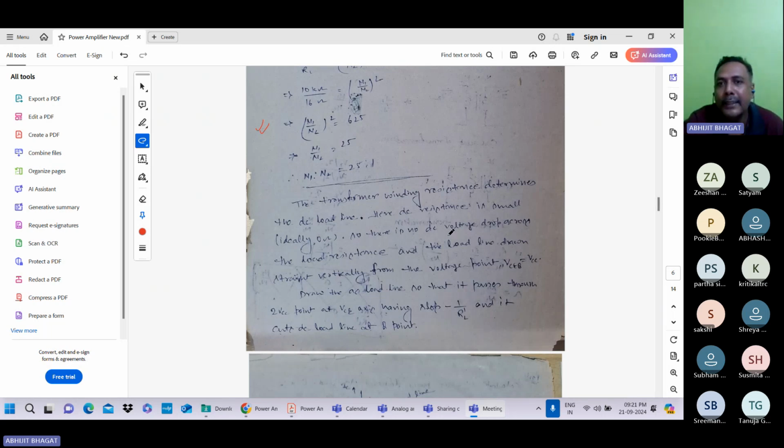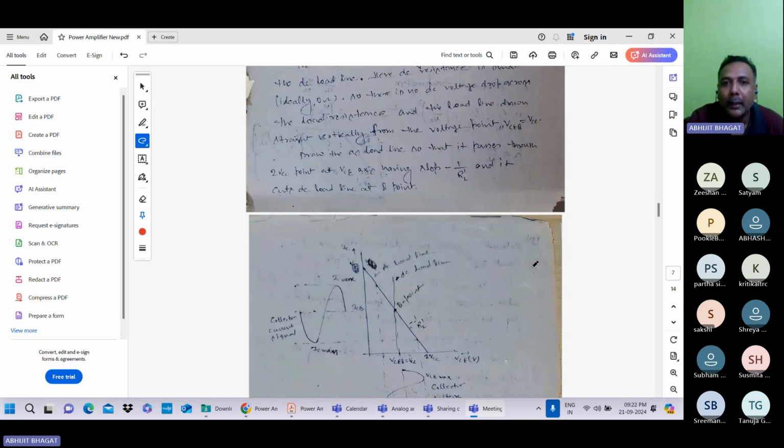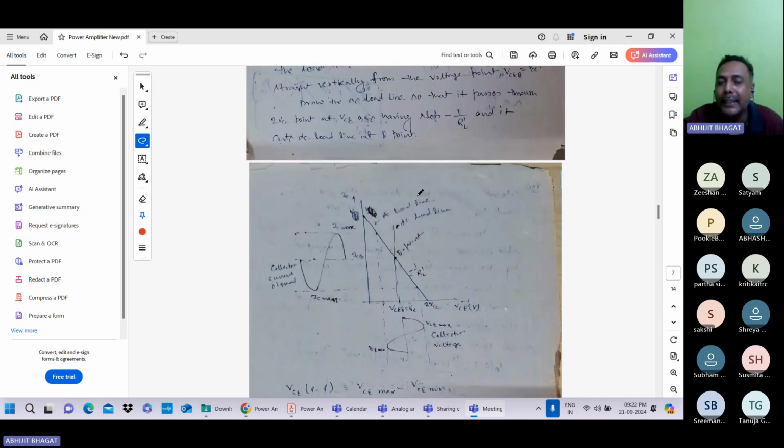So there is no DC voltage drop across the load resistance, and the load line is drawn straight vertically from the voltage point VCQ equal to VCC. You can see here the load DC resistance is very small.